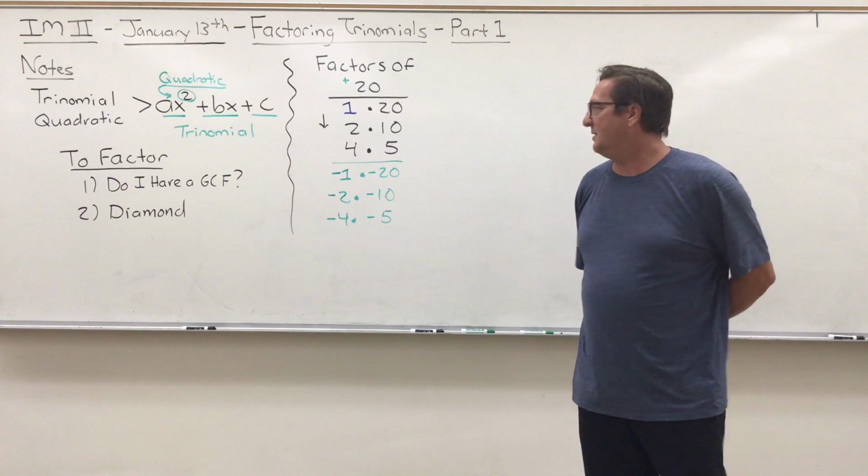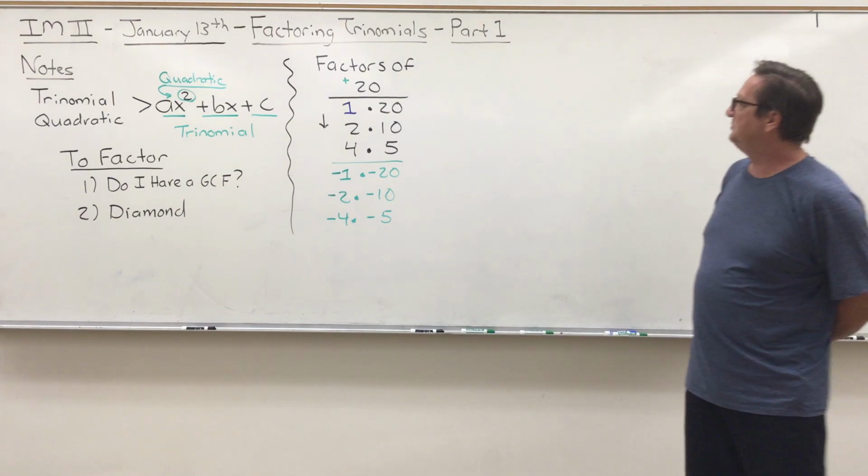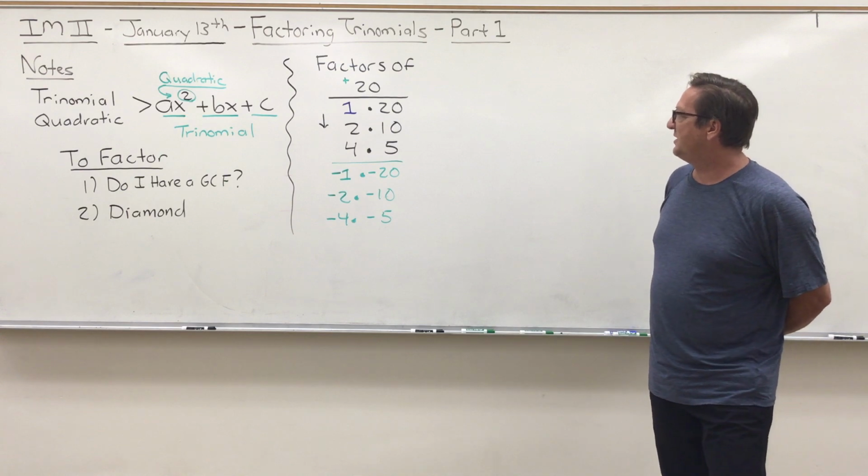So go ahead and have that part of yourself ready for what we're doing here. So factors of positive 20. Those are all the ways to get a positive 20.